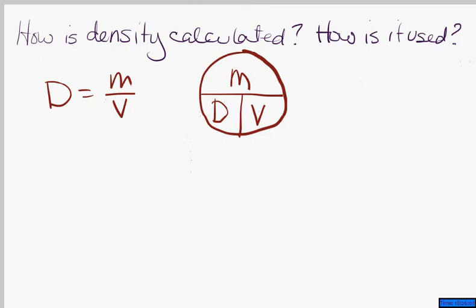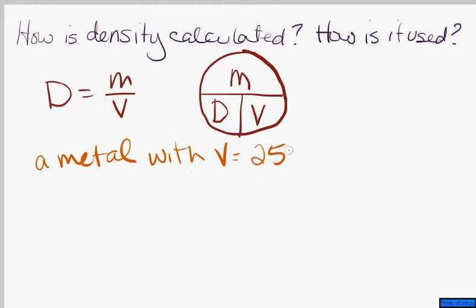Let's do a practice problem with this. I have a metal with a volume of 25 milliliters, and a mass of 100 grams.